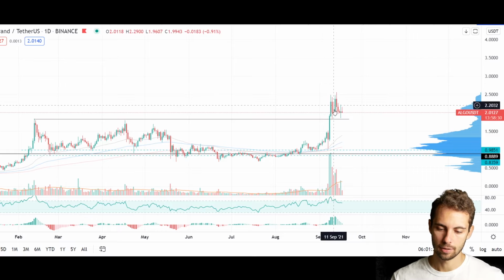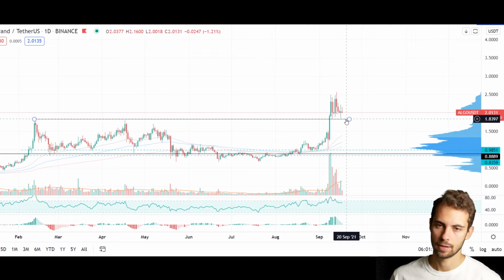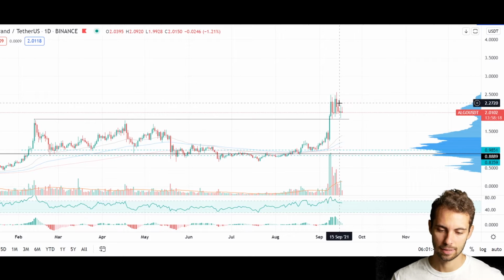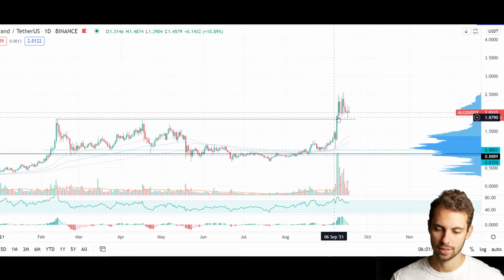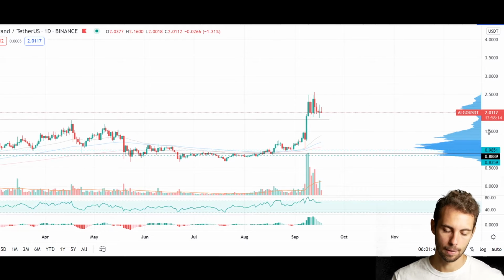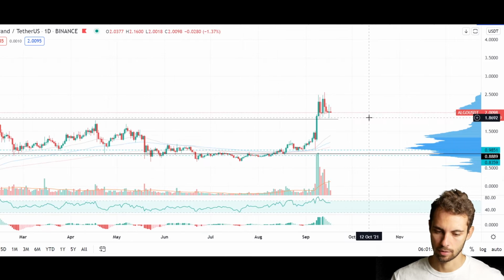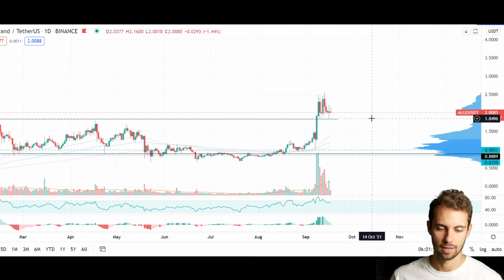The lower limit is made by this recent resistance. So the resistance became a support right now.